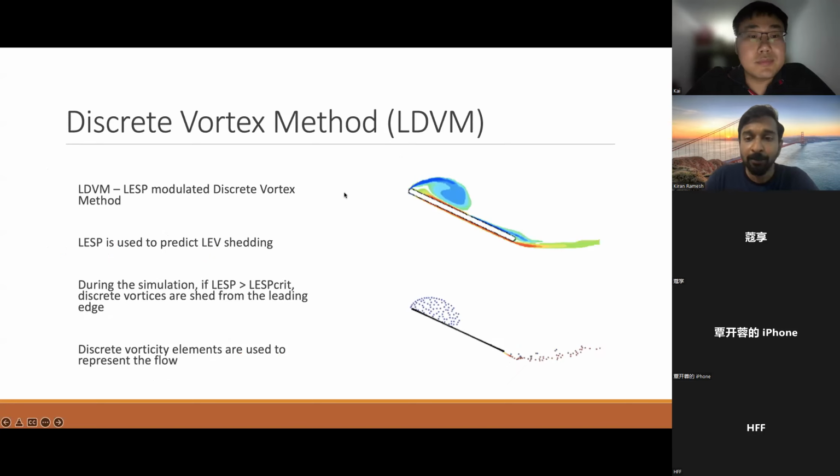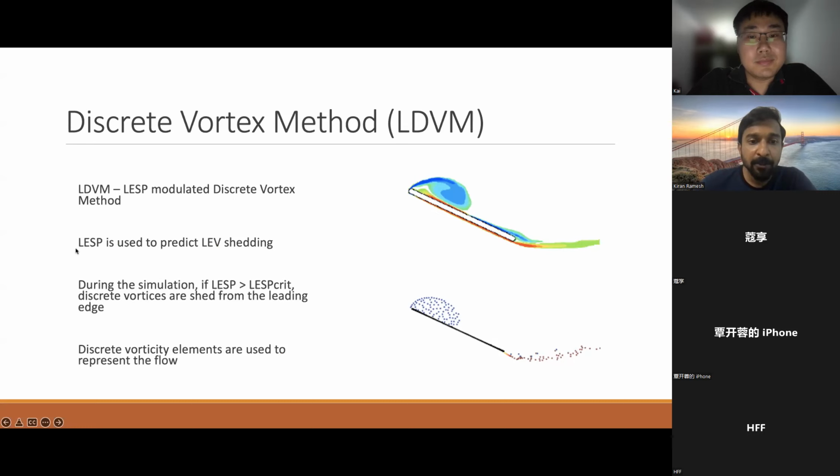Now, in addition to predicting and controlling leading edge vortex formation, we can also use this parameter to model vortex dominated flows. So here we've developed a discrete vortex method that is known as LDVM. So that stands for LESP modulated discrete vortex method. So we are using the LESP to manage leading edge vortex shedding in this discrete vortex method.